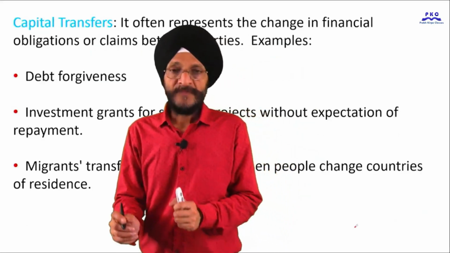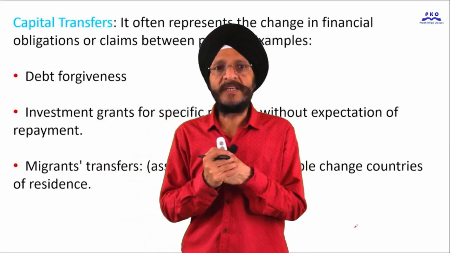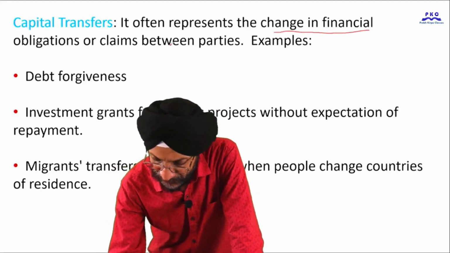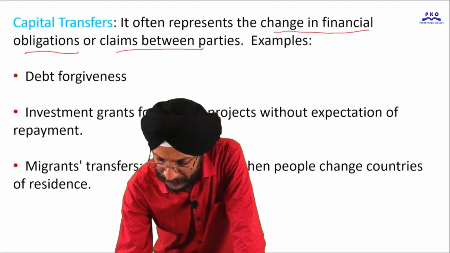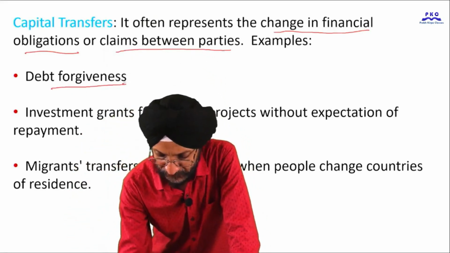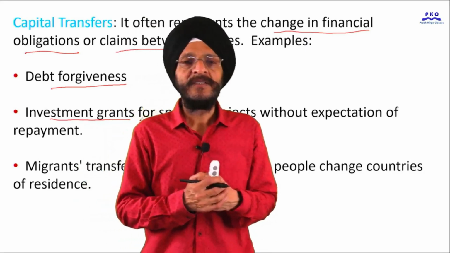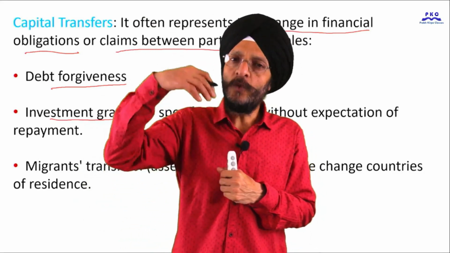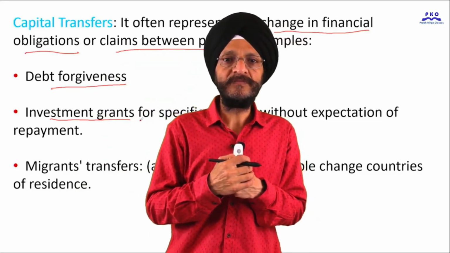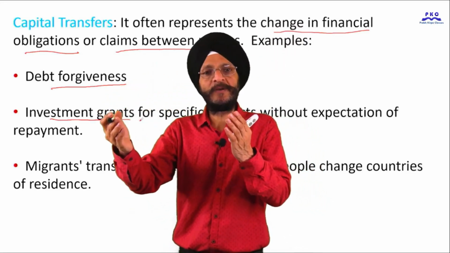Now, capital transfers are also recorded in the capital account. What are capital transfers? They often represent the change in financial obligations or the claims between parties. First is debt forgiveness. Then one country may give certain grants to other countries only for investment purposes in a specific project, and it does not expect to receive the same.